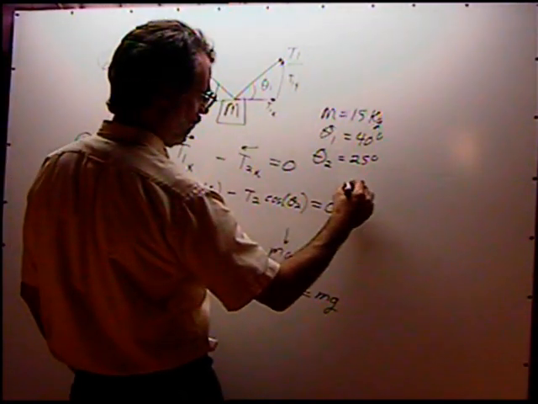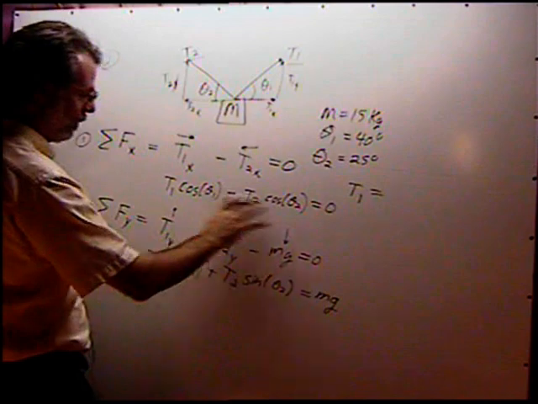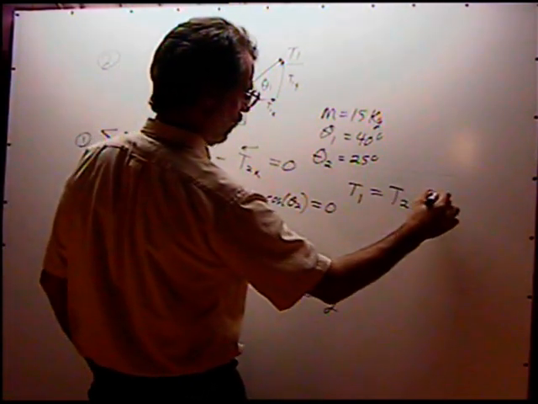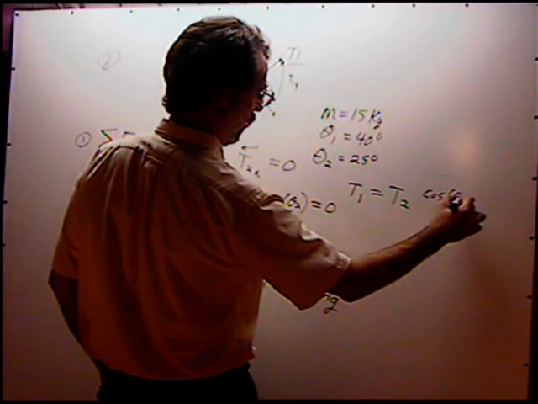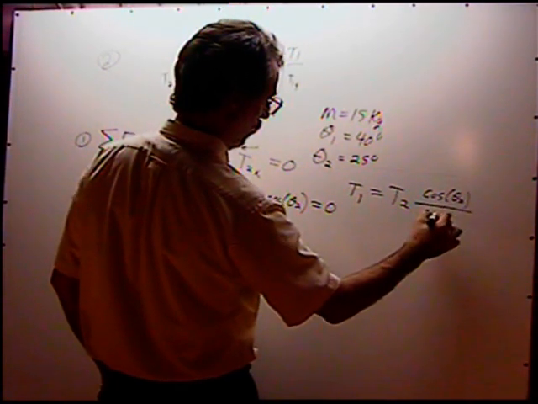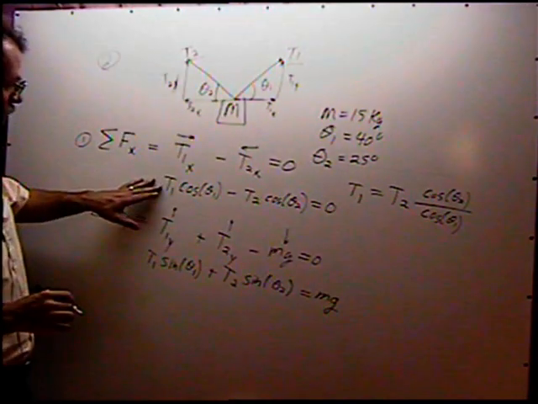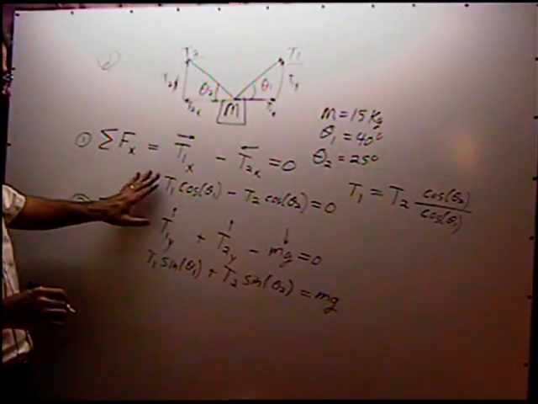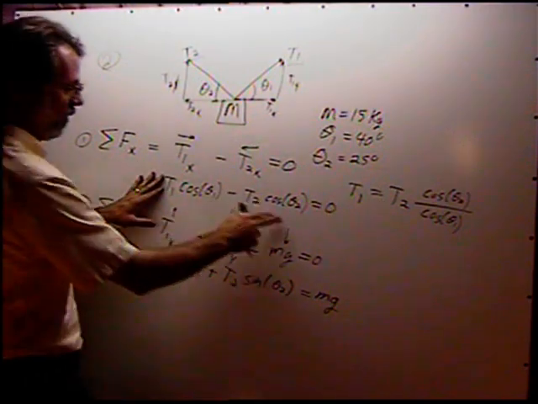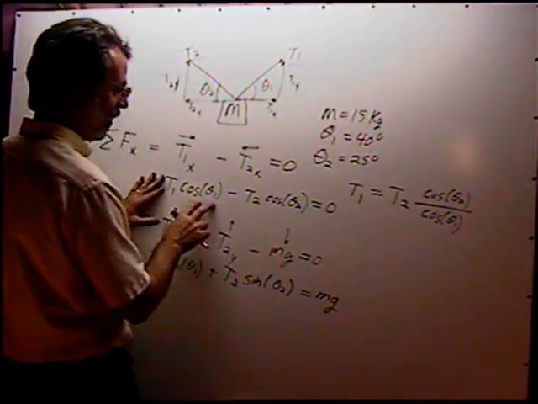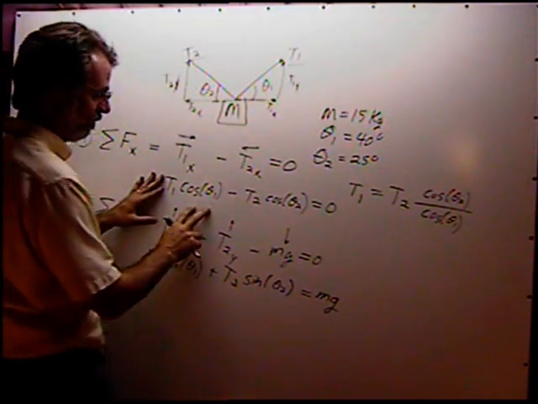We can say T1 equals T2 times cosine of theta 2 divided by cosine of theta 1. If you take this equation and solve for T1, move this to the other side, it's T2 cosine of theta 2 divided by cosine of theta 1.